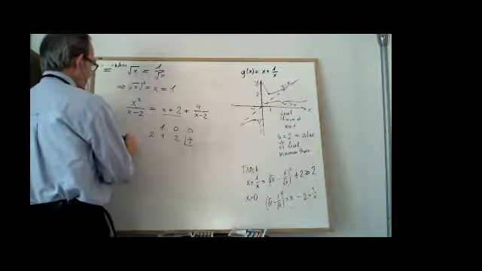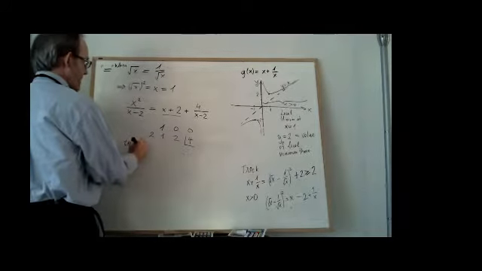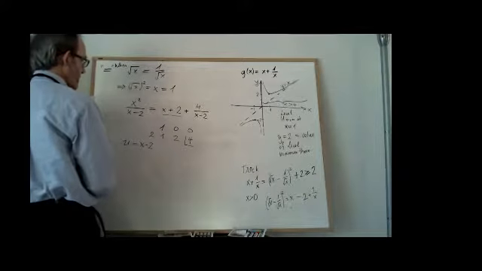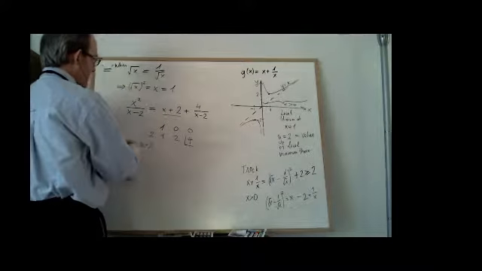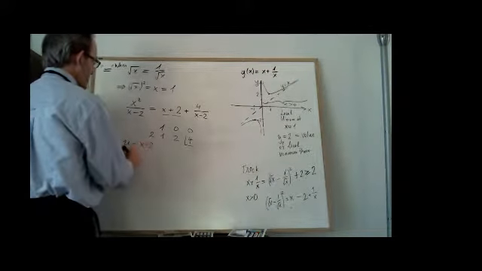So if I replace my variable, let's try u as a variable. So u gets replaced by x minus 2. I just replace x minus 2 everywhere by u. So therefore x is equal to u plus 2.